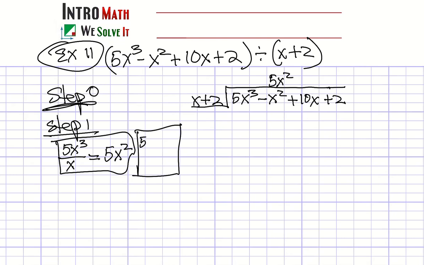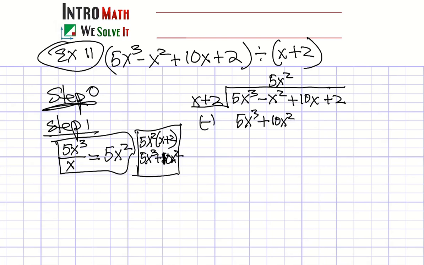So you do 5x squared times x plus 2. You get 5x cubed plus, not 5, it's 10x squared. So you put it here, 5x cubed plus 10x squared, okay?